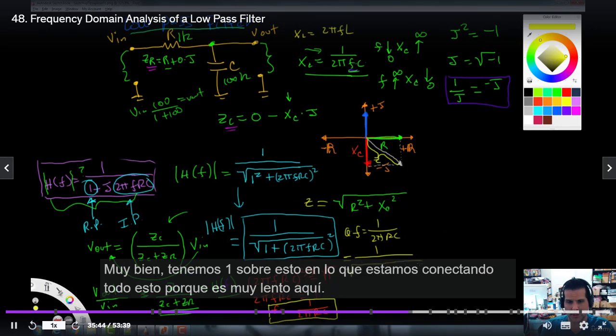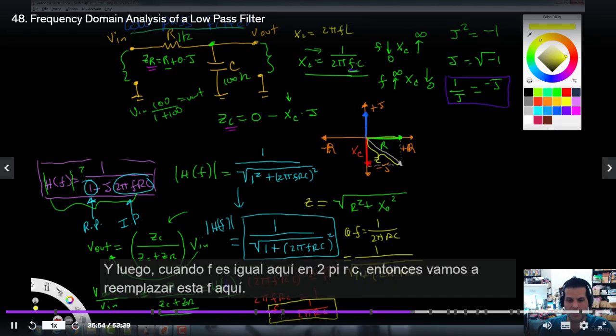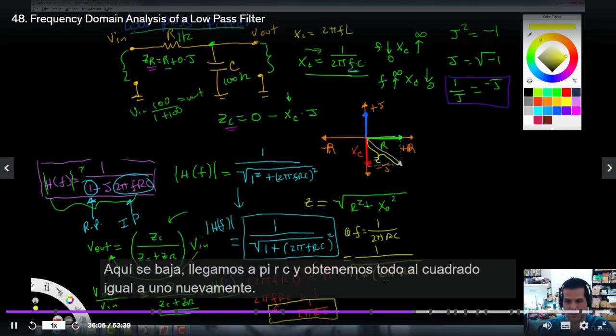Okay, so let's go slow here. I don't have anyone to correct me. 1 over the square root of 1 plus (2πfRC)², and when f equals 1/(2πRC), we replace this f right here. So look what happens. This goes down here.